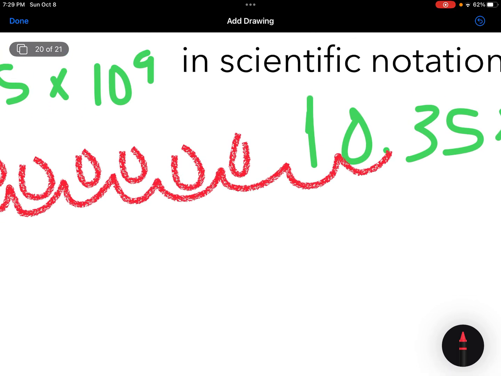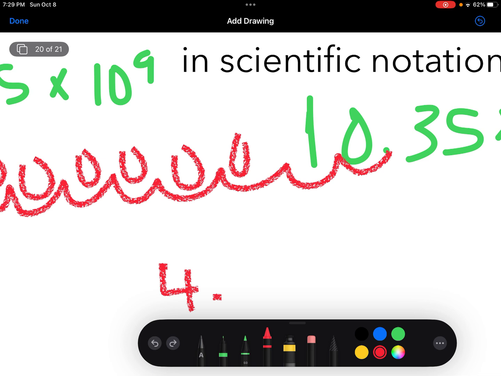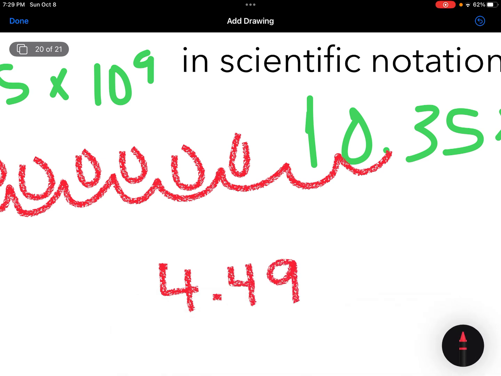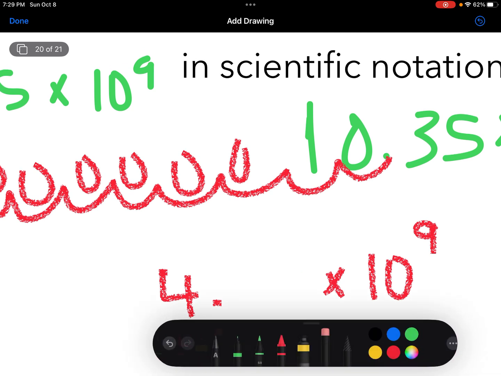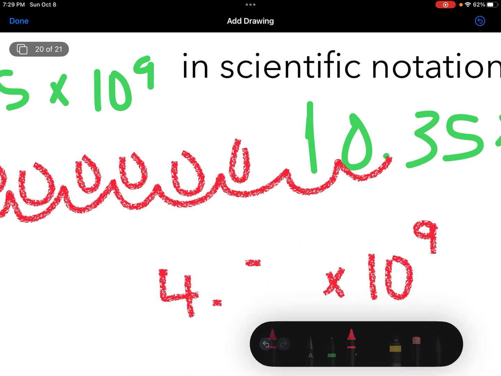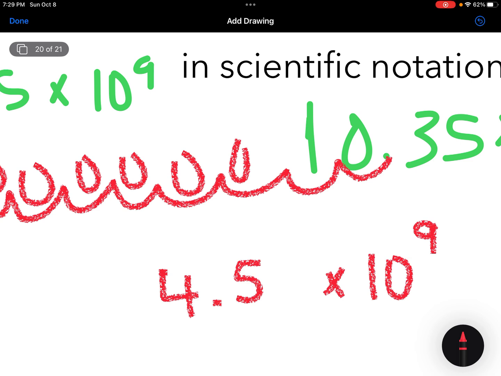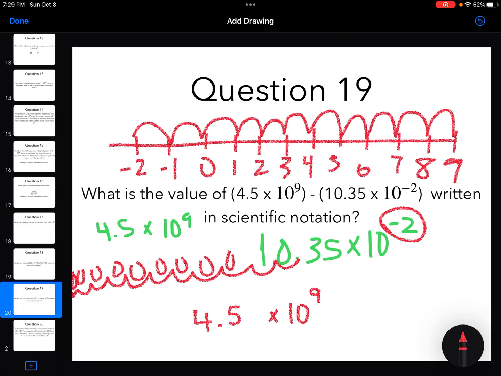So I end up with 4.49 repeating times 10 to the 9th power. So technically I could round that up and make that 4.5 times 10 to the 9th power.